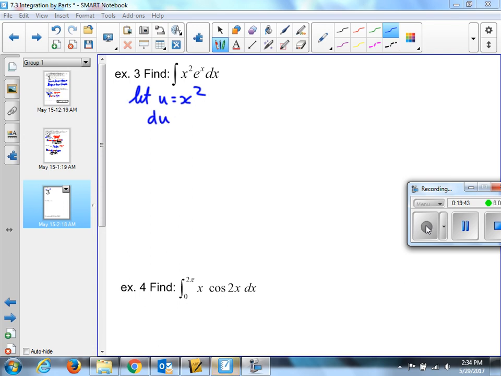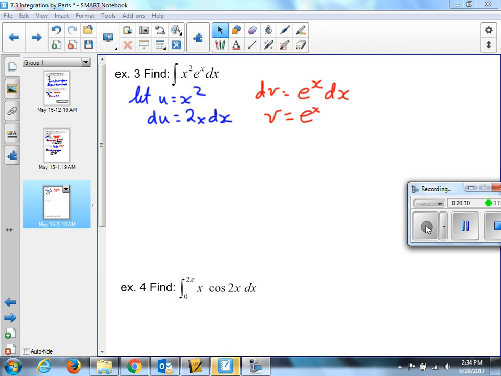Then du is equal to 2x dx. And dv, the e to the x dx part, I integrate both sides, not worried about the constant, and it's still e to the x. It's its own derivative, it's its own integral.